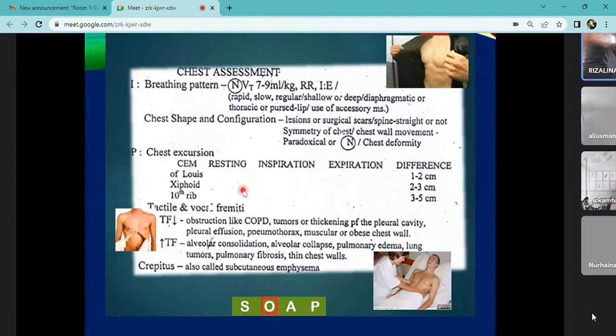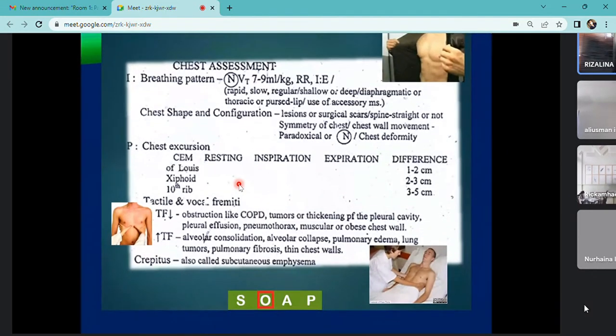We place our two thumbs at the manubriosternal joint, or angle of Lewis, or sternal angle. And for the xiphoid process, it is lower, right? We place it below the breast level. And for the 10th rib, we place our hands at the lateral area.